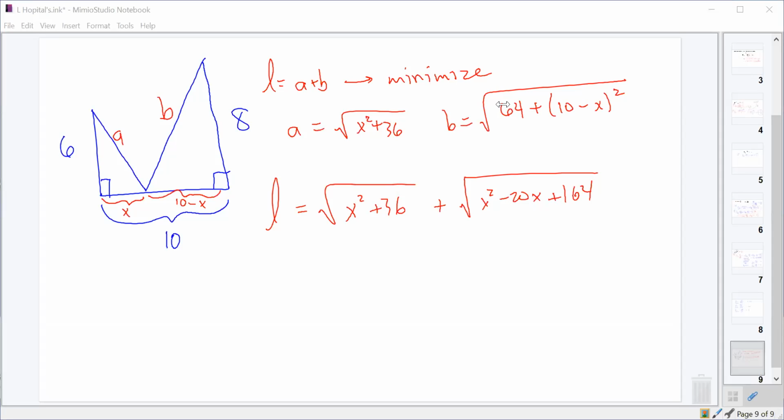All right. So now we need to minimize L. So we're going to take the derivative of this function.